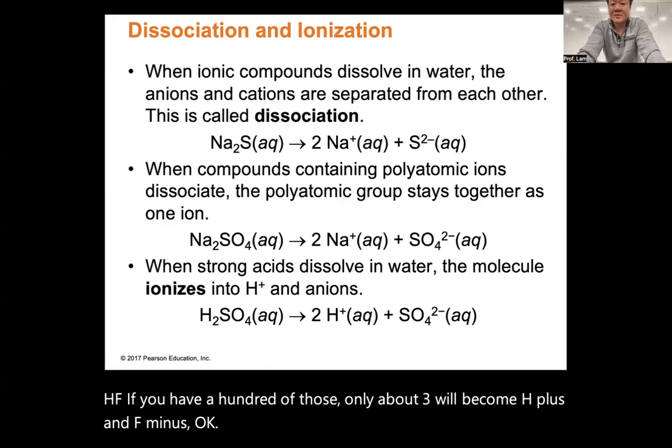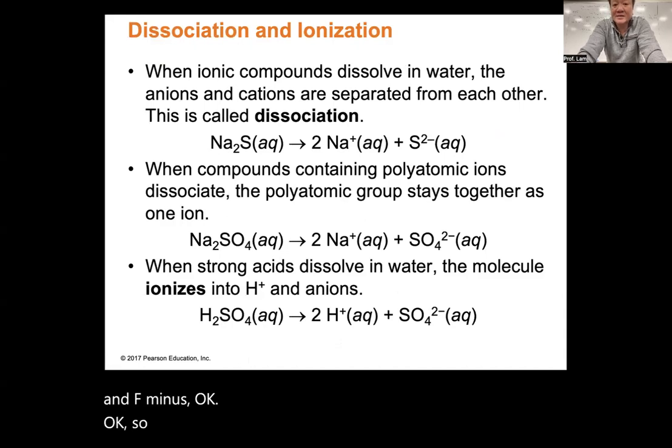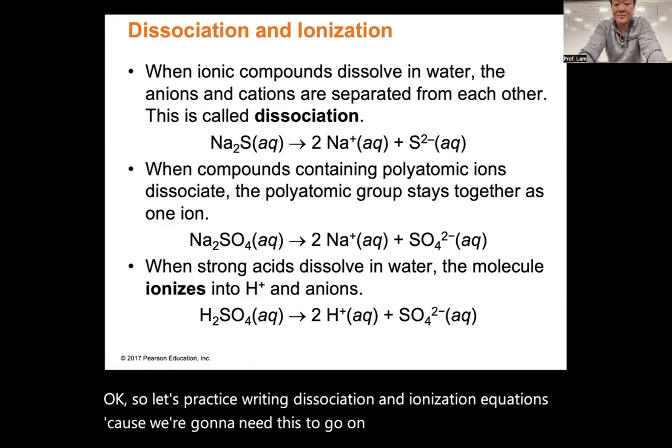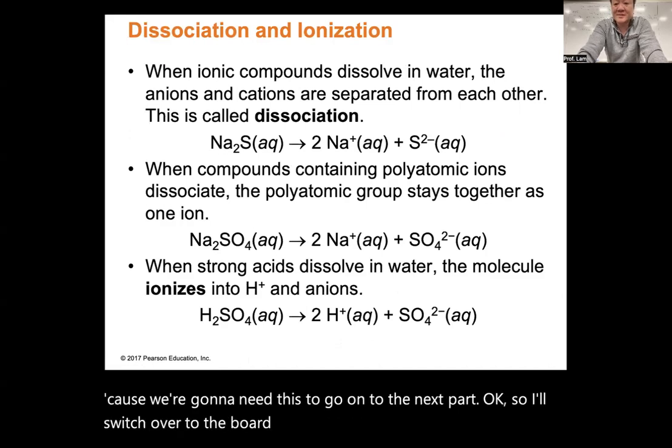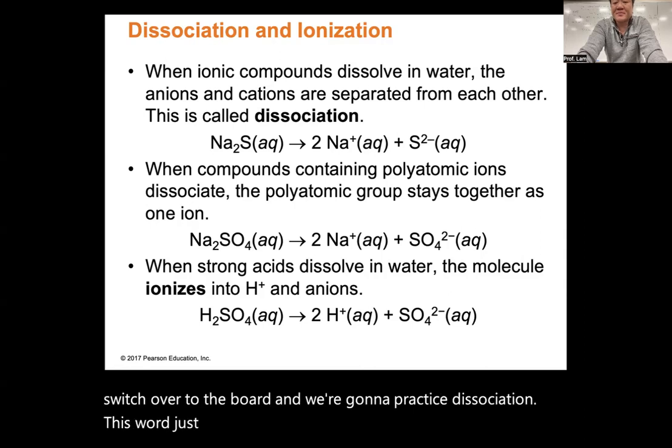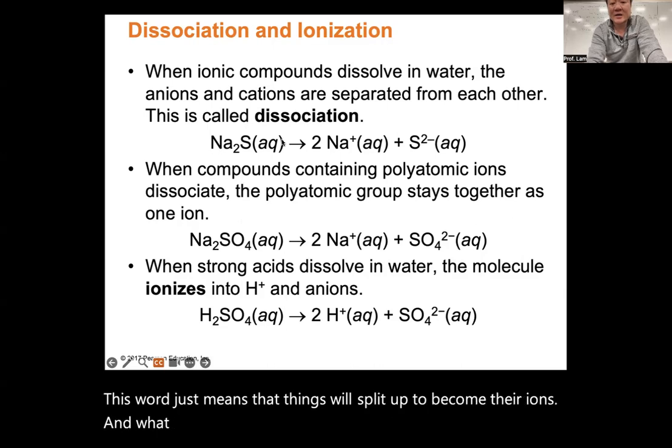Okay, so let's practice writing dissociation and ionization equations because we're going to need this to go on to the next part. I'll switch over to the board and we're going to practice dissociation. This word just means that things will split up to become their ions. And what things? Ionic compounds, because ionic compounds are the ones that are charged.